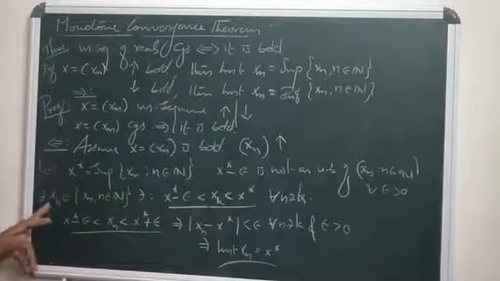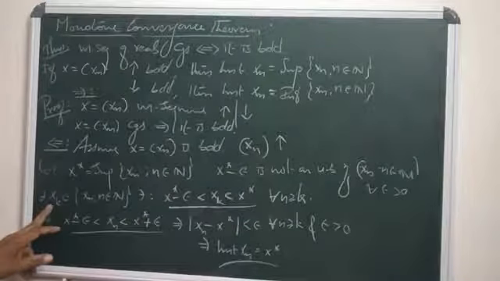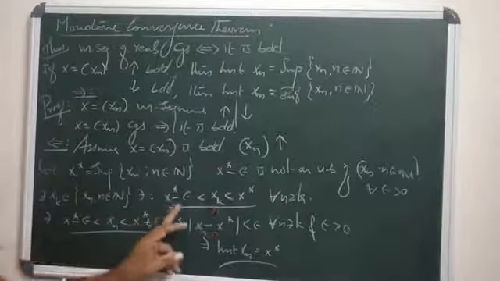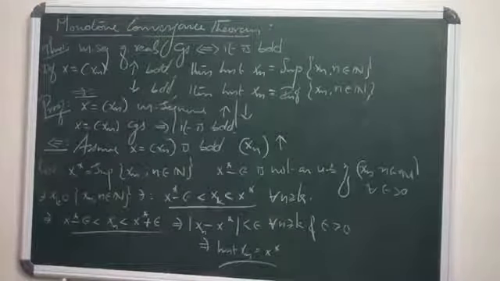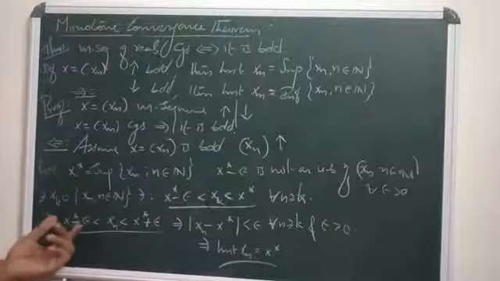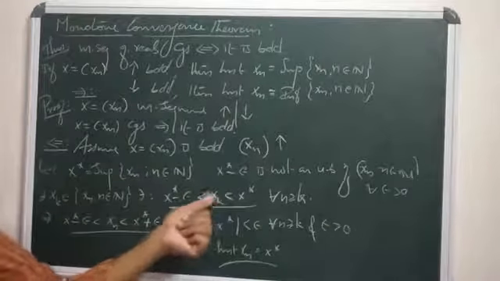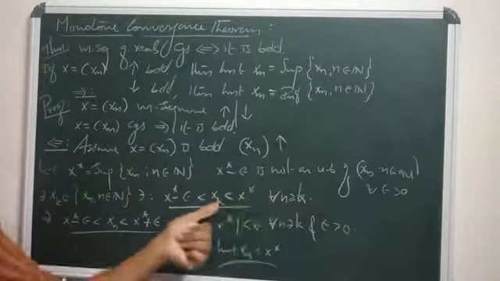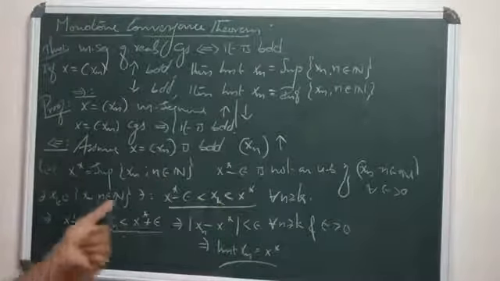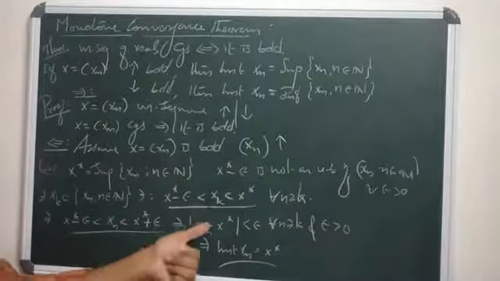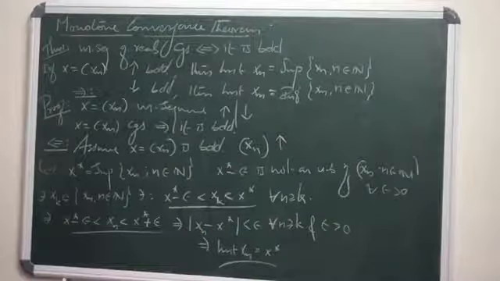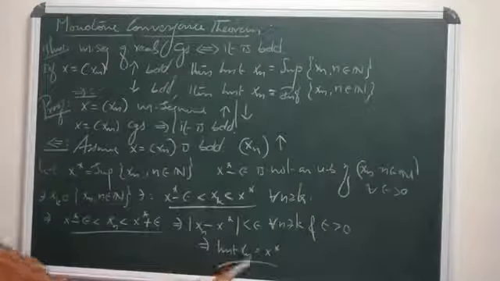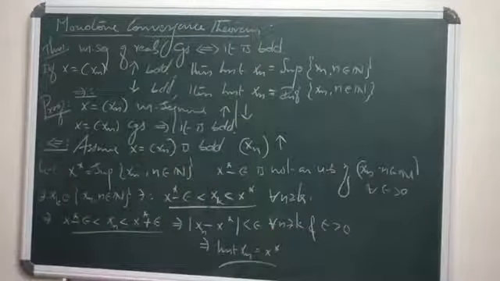So we can find an xk which lies in between x star minus epsilon and x star for all n greater than or equal to k. Since it is true for every n, you can replace this k by n. So finally you will have mod xn minus x star less than epsilon, that is limit xn equals x star, but x star is the supremum of xn for all n belonging to N. That means the sequence xn converges to that particular point.